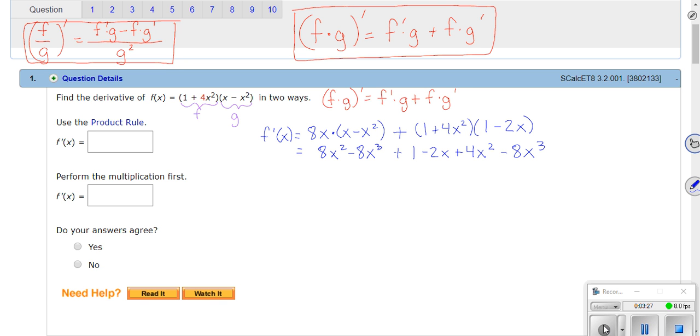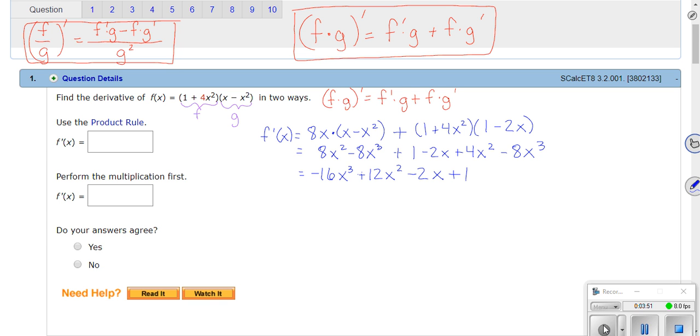If we combine like terms, negative 8x cubed minus 8x cubed is negative 16x cubed. 8x squared and 4x squared is plus 12x squared. Minus 2x plus 1. That's what it looks like to me.